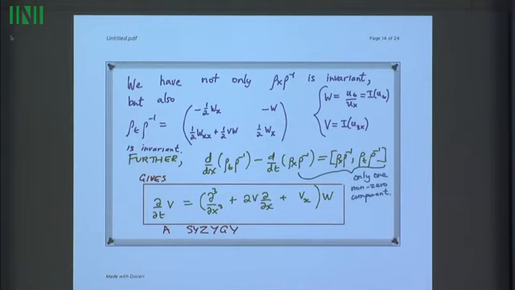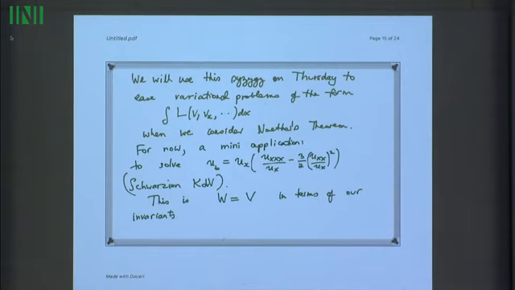Okay, so where were we? We've got our Mobius action, and we've got two curvature matrices with our frame, and the syzygy looks like this. We're looking at the Schwarzian KdV, which looks like W equals V in terms of our invariants.